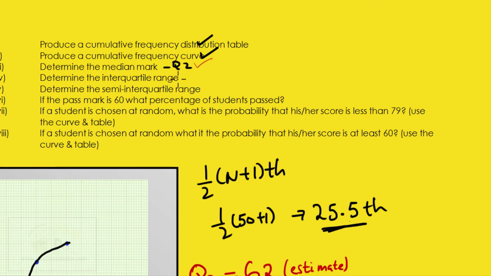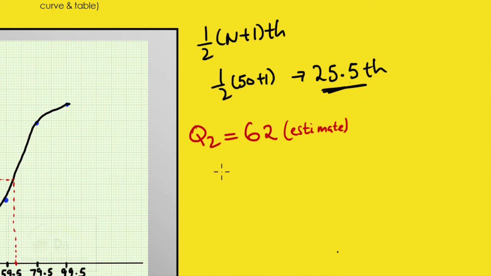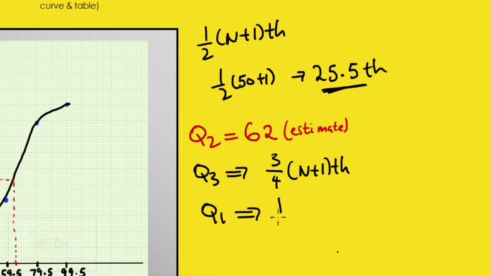To determine the interquartile range, we need to know Q3 and we need to know Q1. So Q3, how do you get Q3? You need to determine the mark that is in this position. For Q1, you need to determine the mark that is in this position.